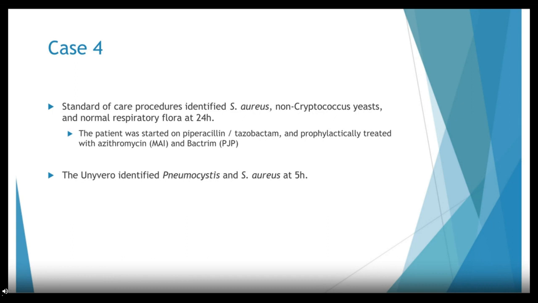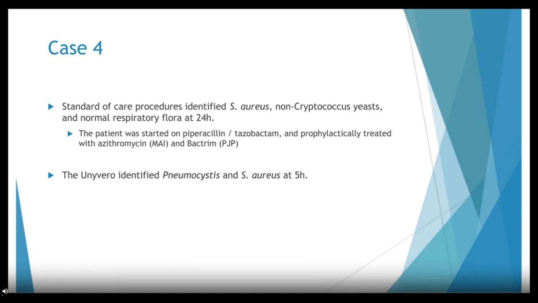This patient was started on tip-tazo to treat the susceptible Staph aureus. I should mention that it came back susceptible, and the patient was also prophylactically treated just by having HIV with a CD4 count so low, presumably for a long time as well. So treated both for avium and for PJP prophylaxis.